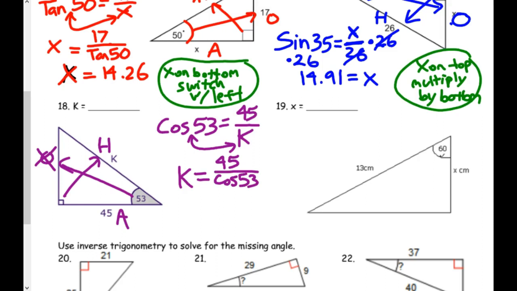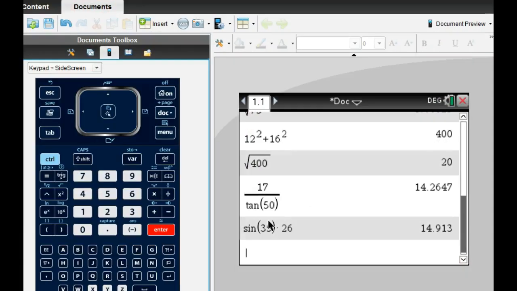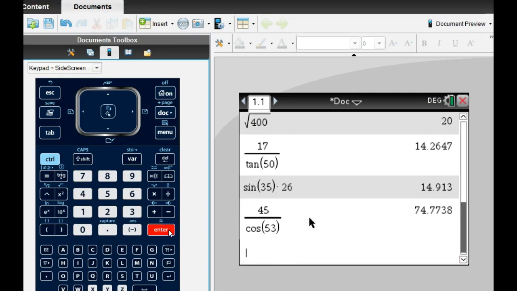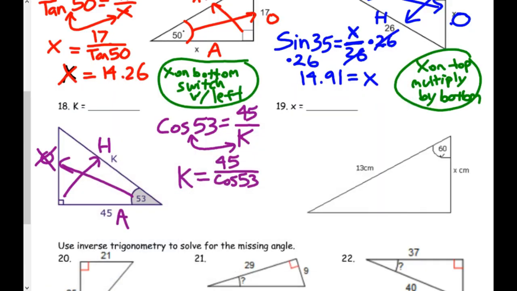So let's type that in. 45 divided by cosine 53. And I get 74.77. Write it up here. Very good.